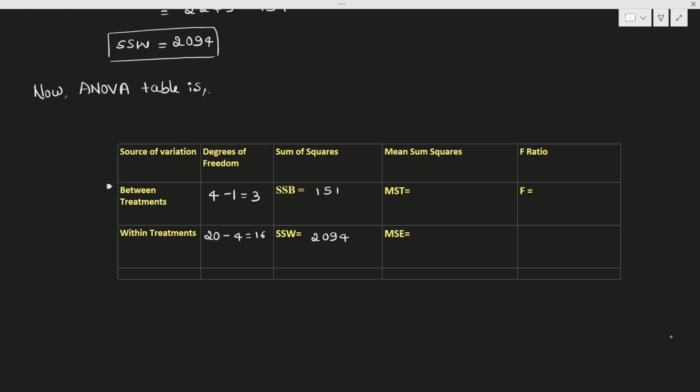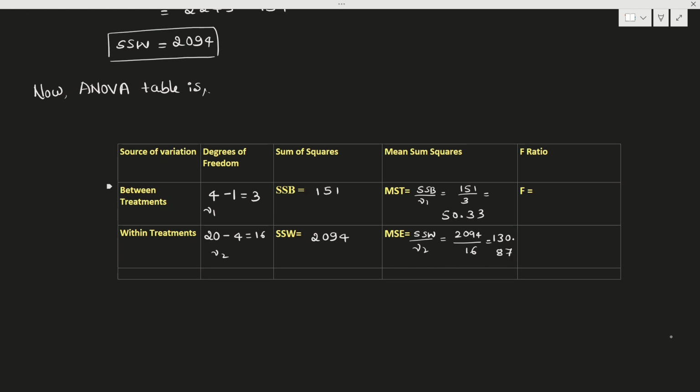Now MST is SSB divided by degrees of freedom, which we denoted by nu1. And nu2 is the second. So it is SSB divided by nu1, that is 151 divided by 3, which is 50.33. And MSE is SSW divided by nu2, so 2094 divided by 16, which is 130.87.